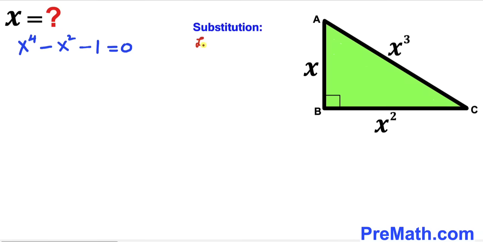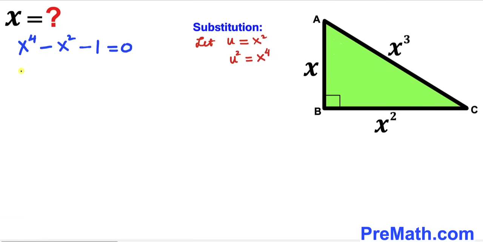Let me put u equals x squared. Then u squared is going to be equal to x squared, squared, which gives us x to the power 4. So this x to the power 4 is going to become u squared, and this x squared is going to become simply u.